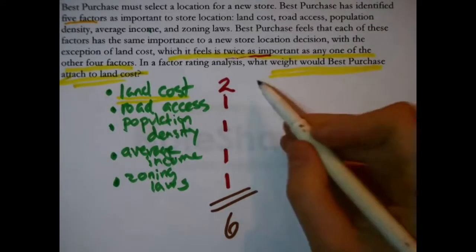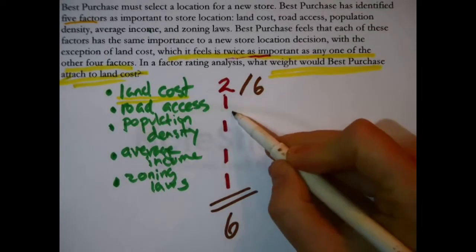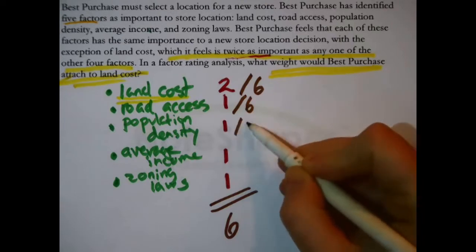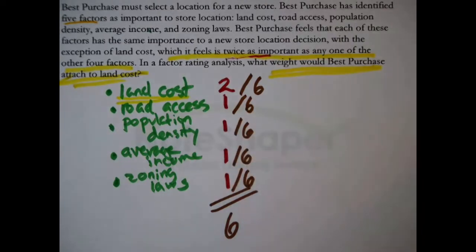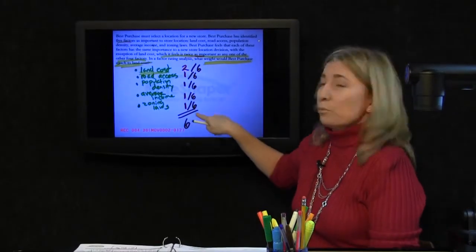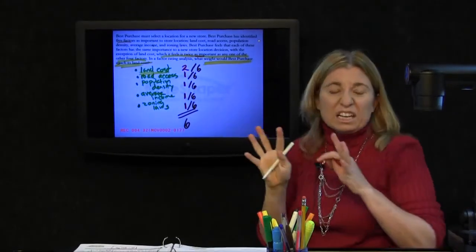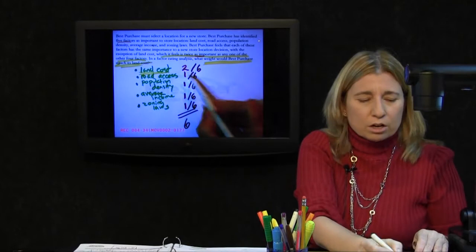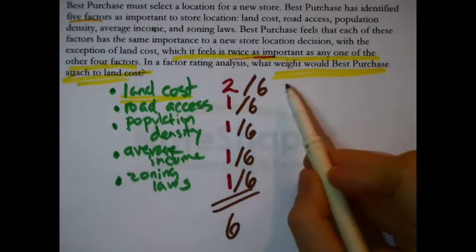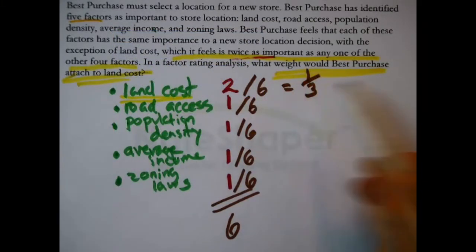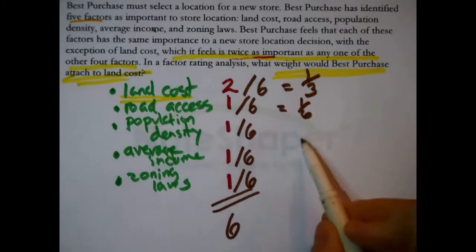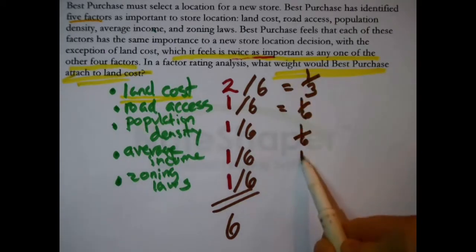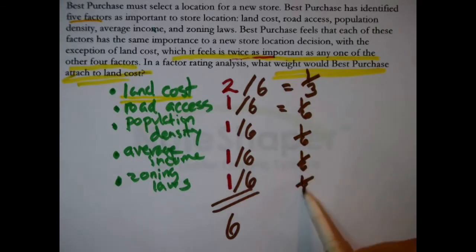Because now I'm going to divide each one of these by that number. That's the weight. We can neaten this list up because land cost, 2 divided by 6, is actually, I'm just reducing it, right? 1/3. Whereas the rest of these, you can't reduce anymore. It's just 1/6, 1/6.